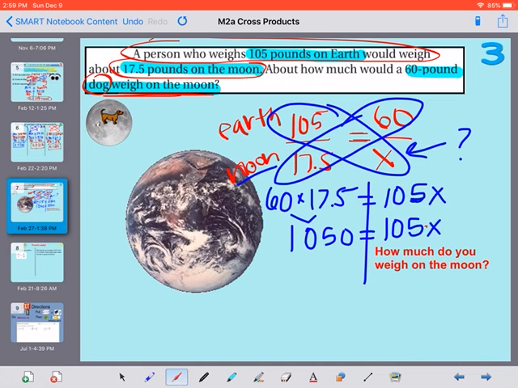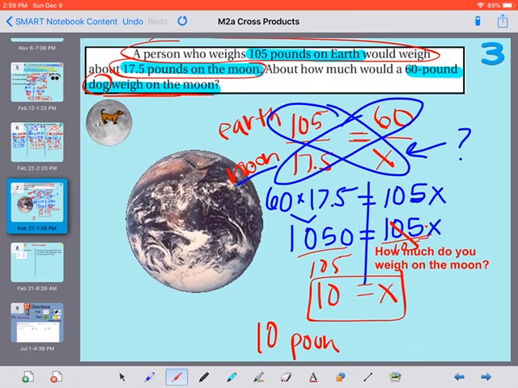And then last, the opposite of multiply is divide. Divide by 105. 1050 divided by 105 is 10. So the dog would weigh 10 pounds on the moon.